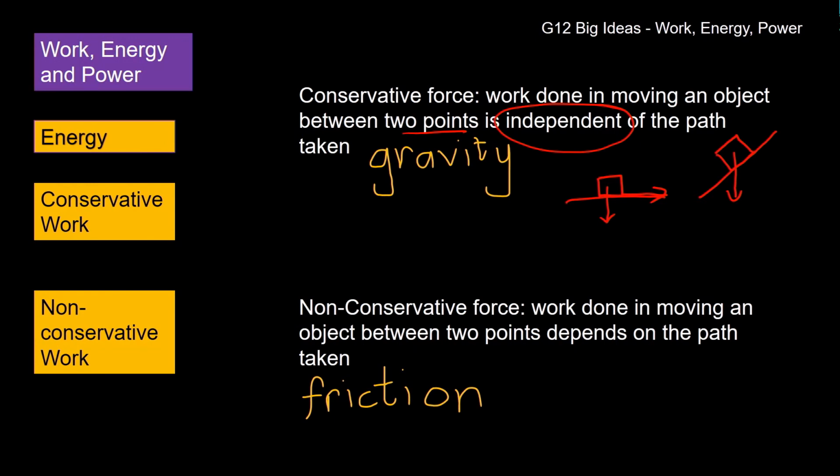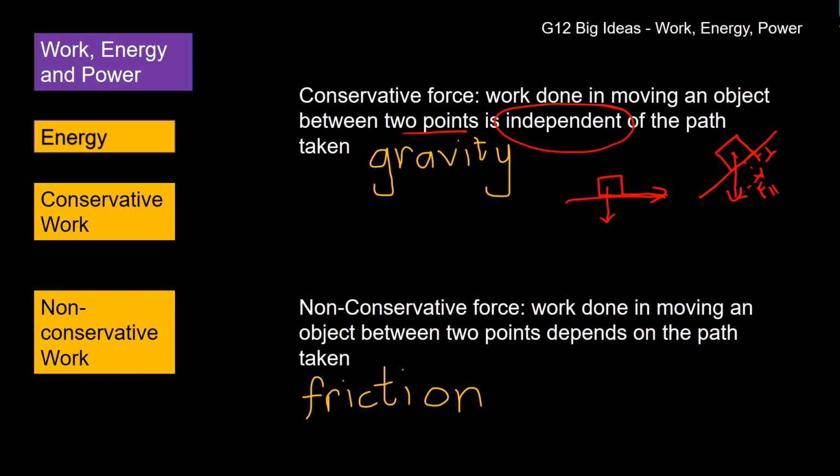We know that we then resolve this force into F parallel to the slope and F perpendicular, and that's how we work out the components. But gravity does not depend on the path.